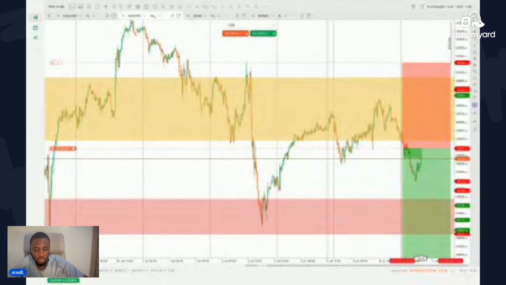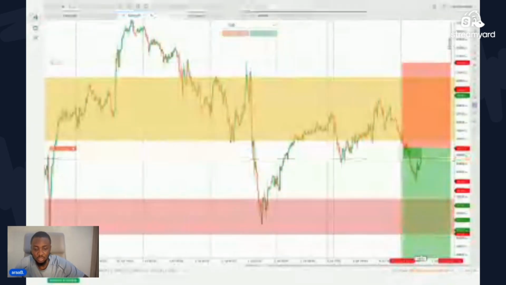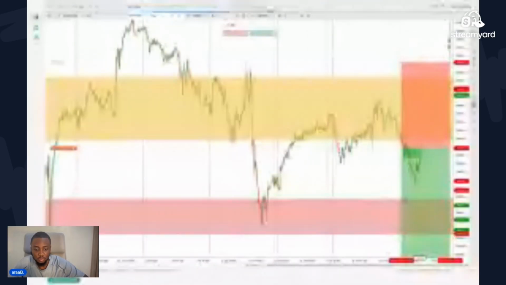So I risked... Sorry if you cannot see my journal. If you just see my screen hanging, I'm in my journal right now, and I'm trying to journal this trade.